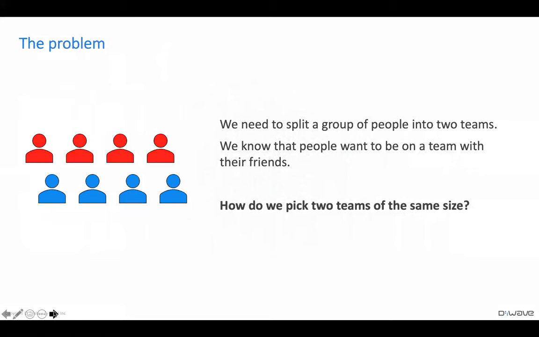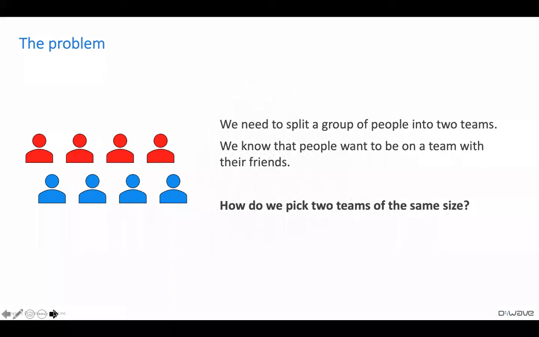Let's take a group of people that we have, and we want to divide them into two equal teams. And people want to be on a team with their friends. I hate to bring it up, but this reminds me of childhood when it was gym class and you had to sit there and be divided.